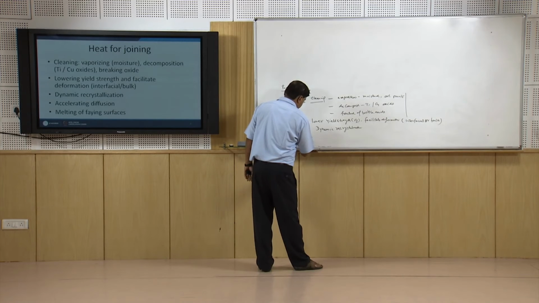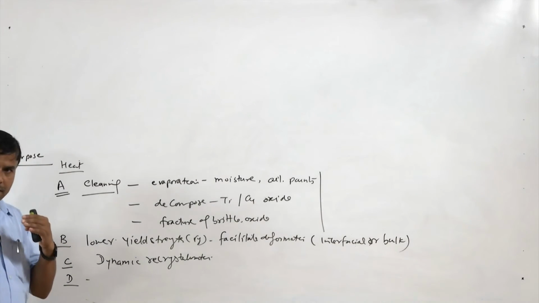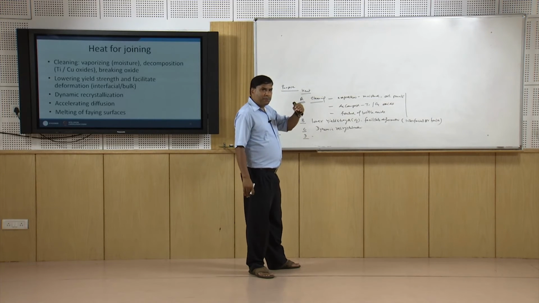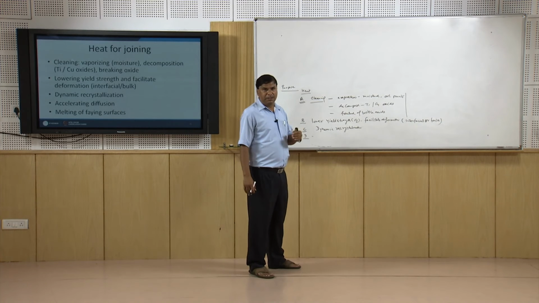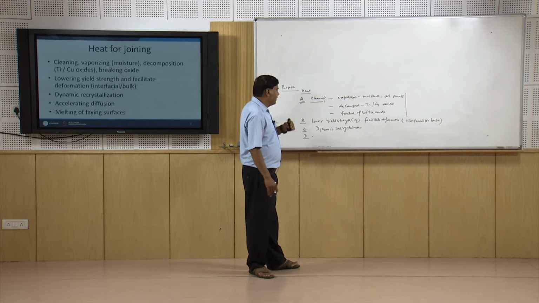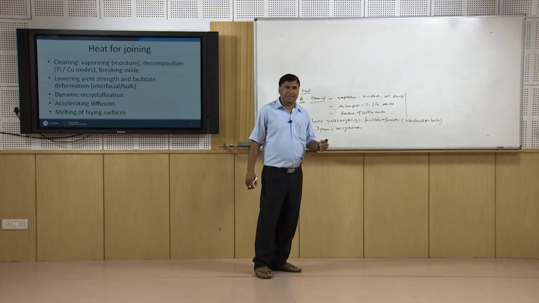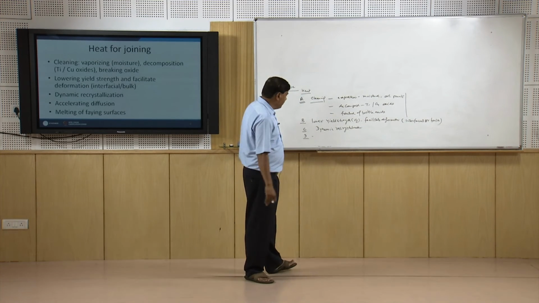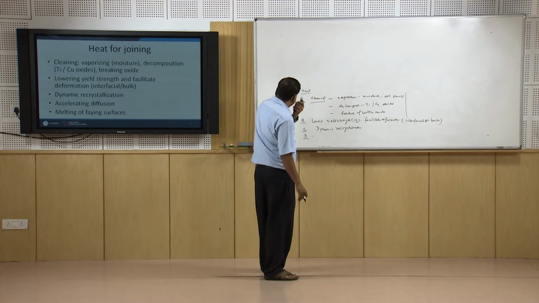Now, the fourth important purpose: you know that the diffusion rate increases with the increase in temperature. In order to develop diffusion bonds in reasonably good time, a temperature high enough, like 0.5 to 0.6 times the melting point in Kelvin, is normally achieved by heating.